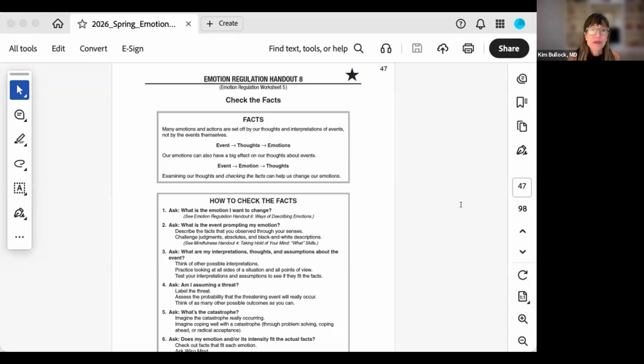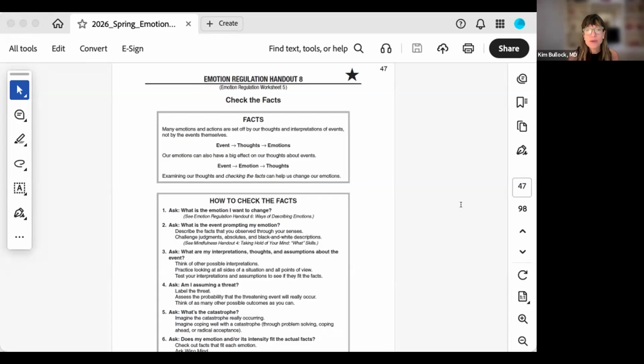Knowing the facts is essential for problem solving too. Incomplete knowledge about facts or faulty beliefs about them can really interfere with problem solving. Examining our thoughts and checking the facts can change our emotions. When we respond to incorrect facts and learn correct facts, it can really change the way we feel.